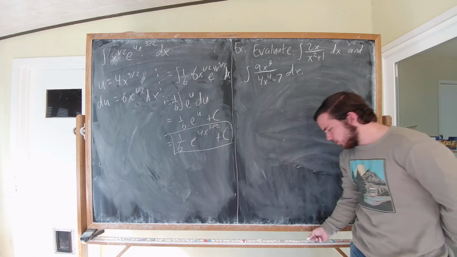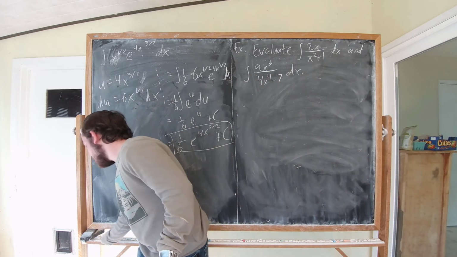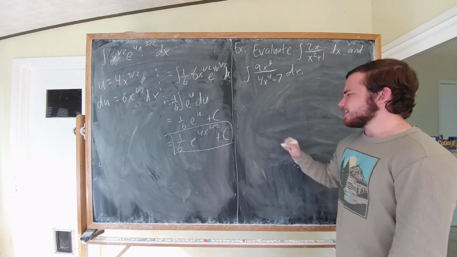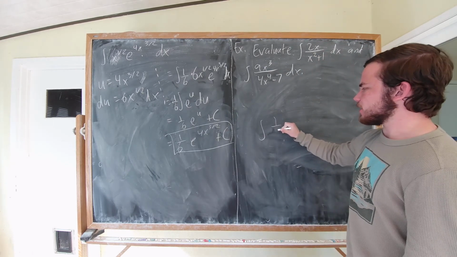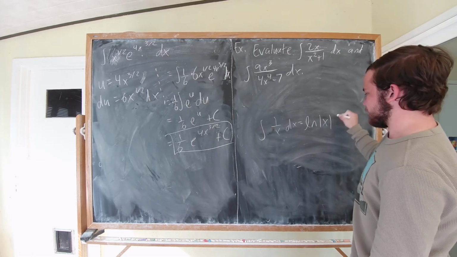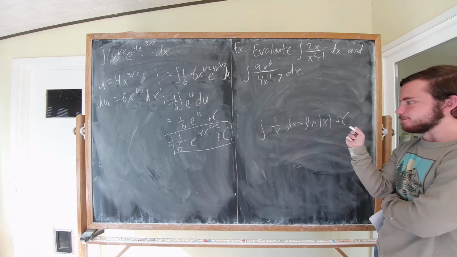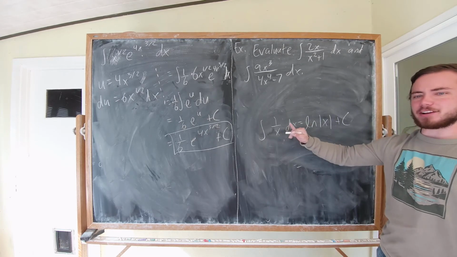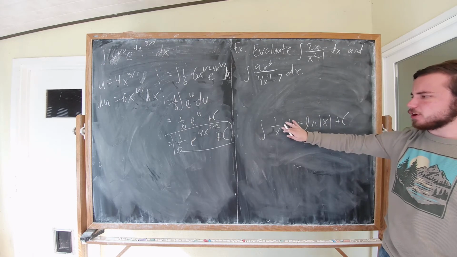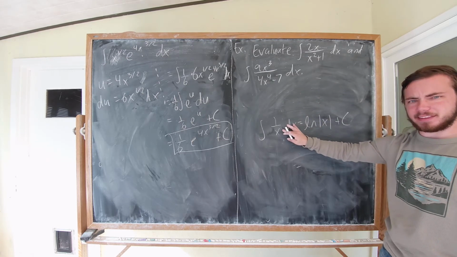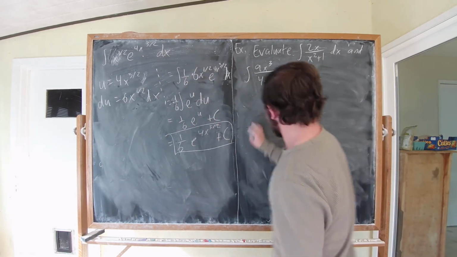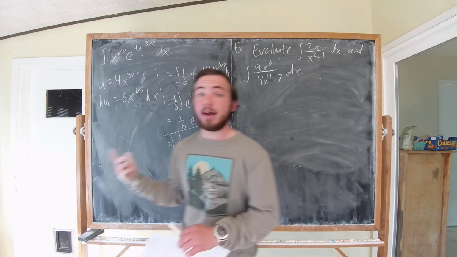Well, the only real fraction-style integral I know at this point in the course is that the integral of 1 over x dx is the natural log of the absolute value of x plus c. So maybe if I have a fraction that isn't just numbers, maybe I should be looking to get it into a form that looks like this via u substitution. So let's try it with these ones.